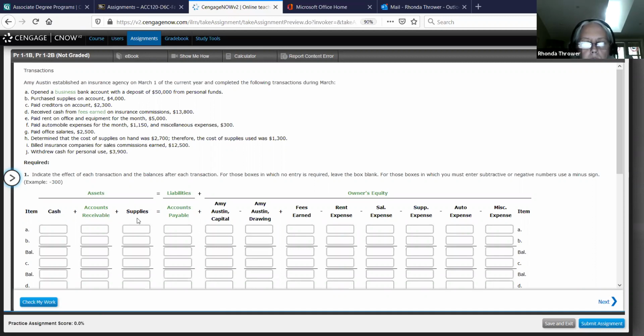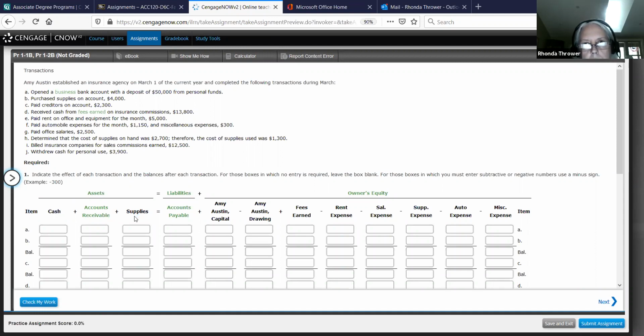So when we first buy supplies, we're going to put it in the supplies account, which is an asset account. And over time, we're going to use the supplies up, and once they are used, we will call them an expense.